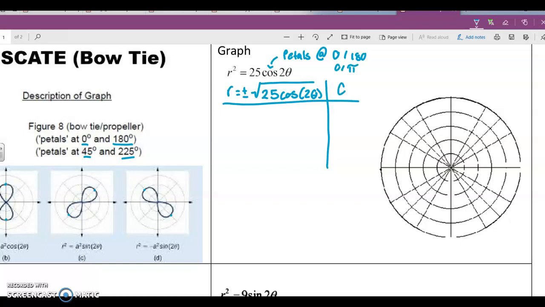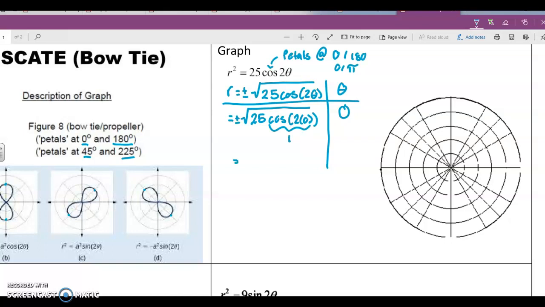So we have our theta here. So when theta is equal to 0, because we know that's going to be one of our petals, r is equal to plus or minus the square root of 25 times the cosine of 2 times 0, which is just 1.